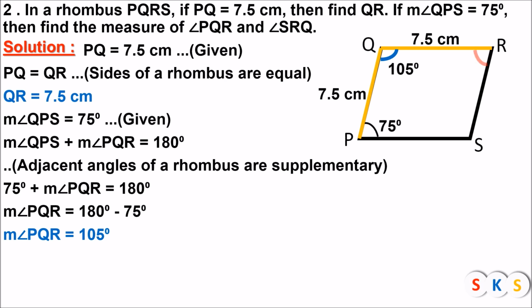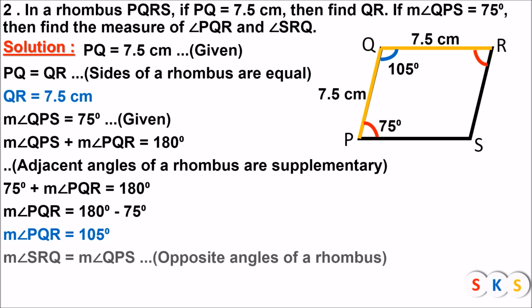And you can see in this figure angle SRQ and angle QPS are opposite angles. You can see in this figure the angles which are marked with the red arc are opposite angles of the rhombus, and we know opposite angles of a rhombus are congruent.